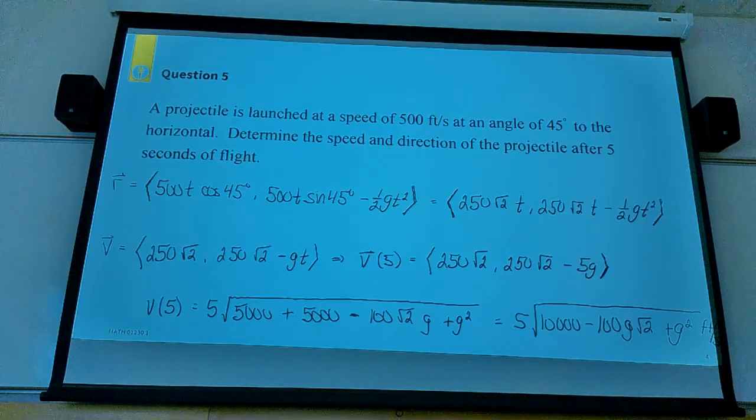So let me just write up here the approximation. If we approximate this using g is about 32 feet per second and keep it to no decimal places, you should find it's about 403 feet per second.